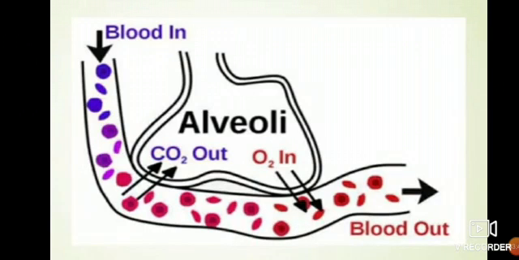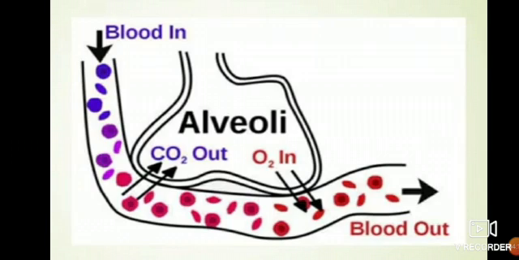Now here is the picture. So as I said, alveoli are in close contact with the blood vessels. Can you see here the down part in the dotted form? Those are the blood vessels. So when outside air reaches the alveoli, the oxygen around the alveoli reaches into the blood vessels.